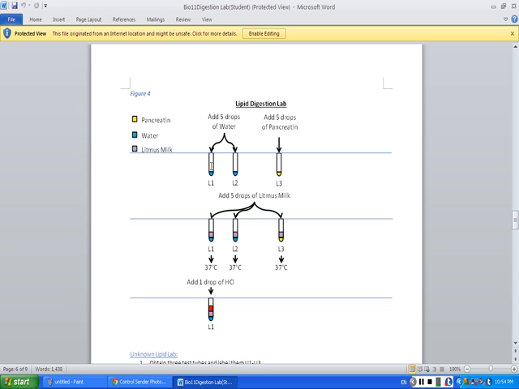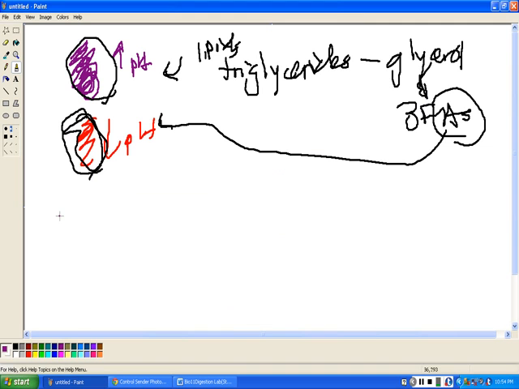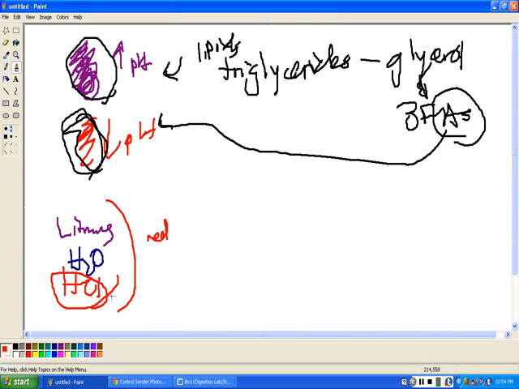So, if we look at this very first one here, it's adding water with litmus and a drop of HCl. So we have litmus plus water plus one drop of HCl. So what is the color going to be after adding all these together? If you said red, you'll be correct.